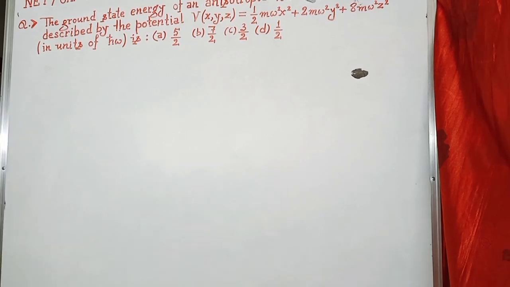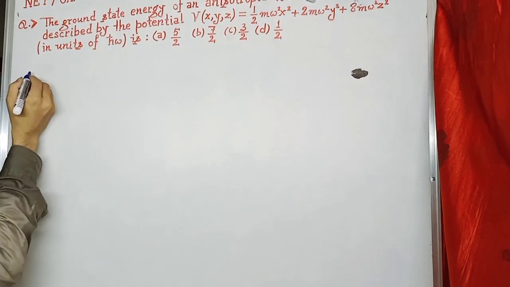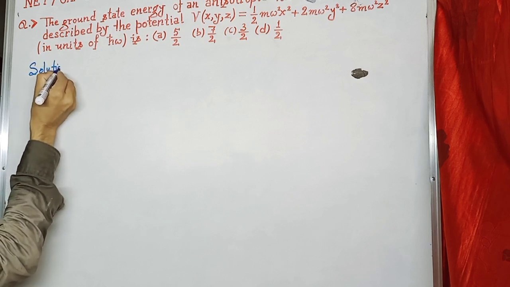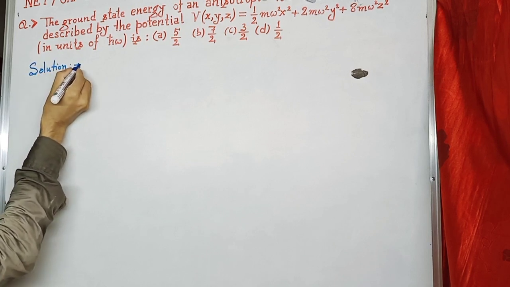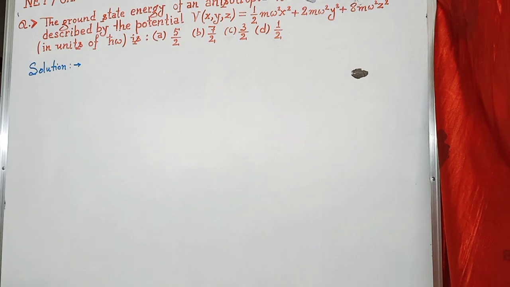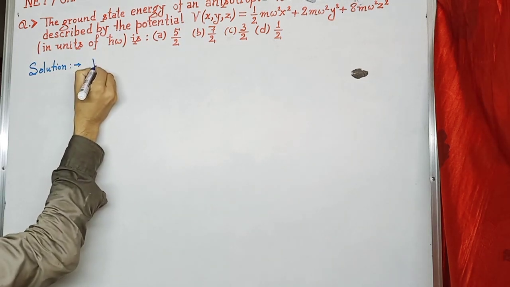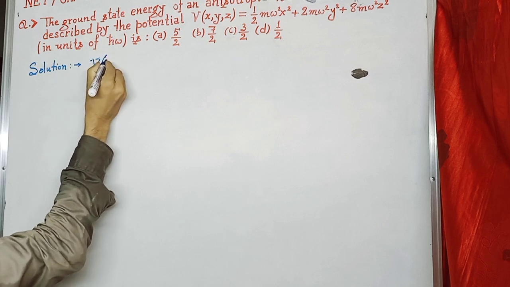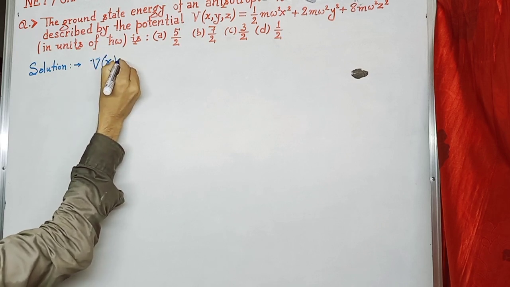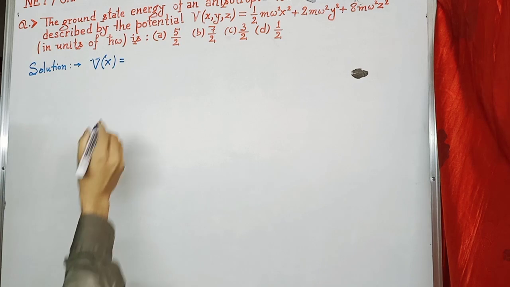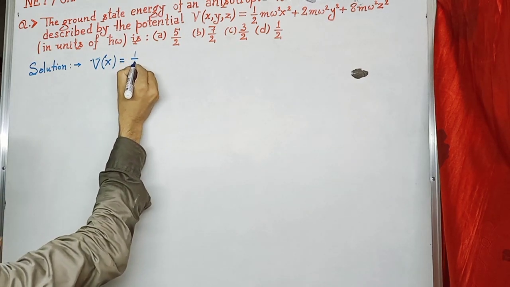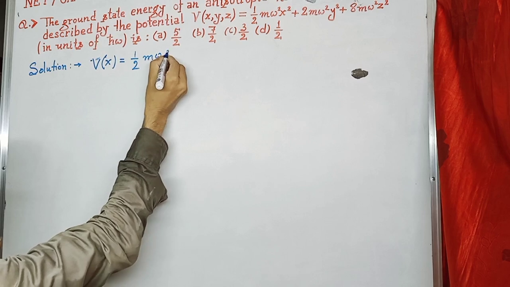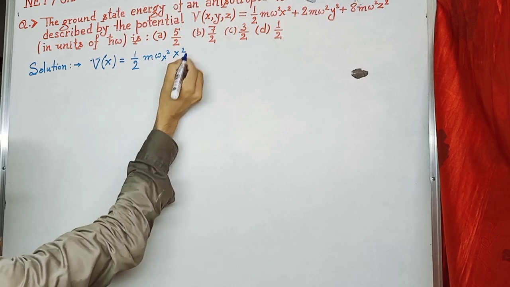For solving this question, as we know, the potential in a one-dimensional system, that is the potential in the x direction, is given as V of x equal to half m omega x square x square.